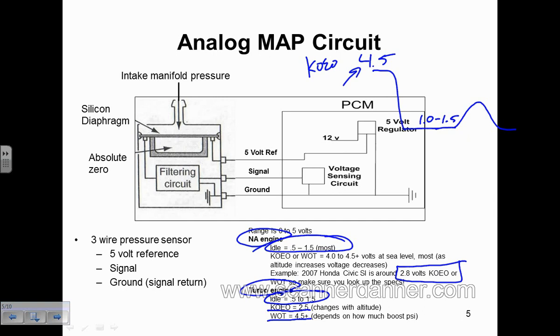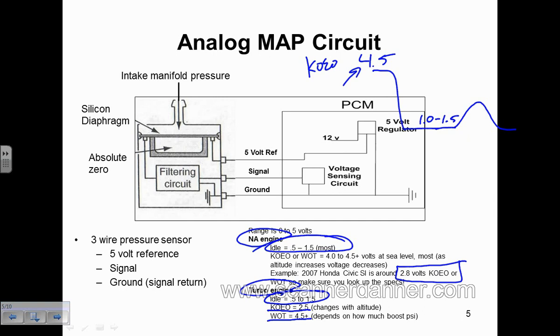Here's why. What you need to understand is that a turbocharged engine will have pressures in the manifold that are above atmospheric. If you're putting pressure in the manifold above atmospheric, we need to measure it so we can add the fuel properly.